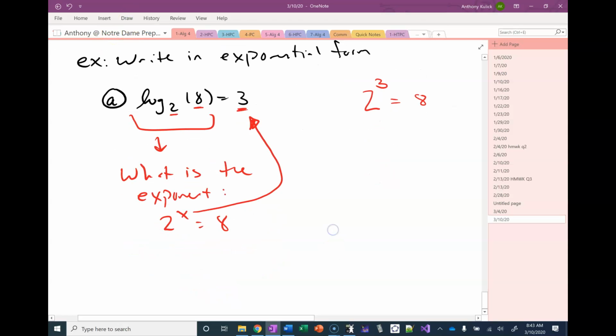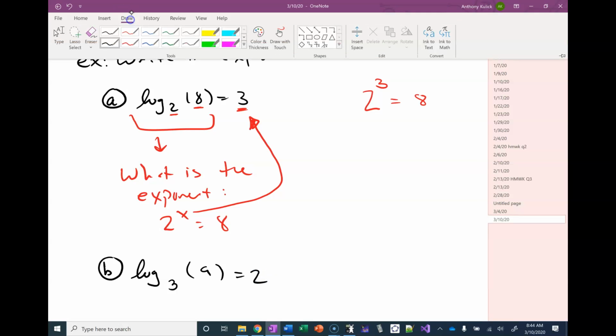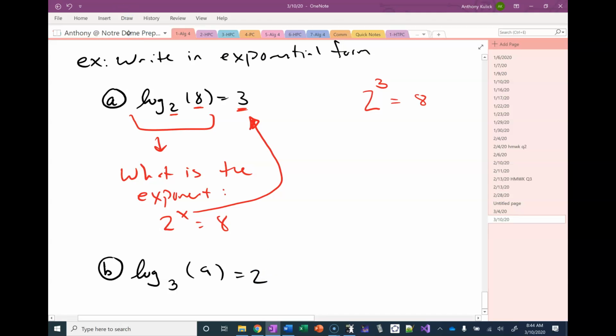Let's do another. So here we have log base 3 of 9 is equal to 2.